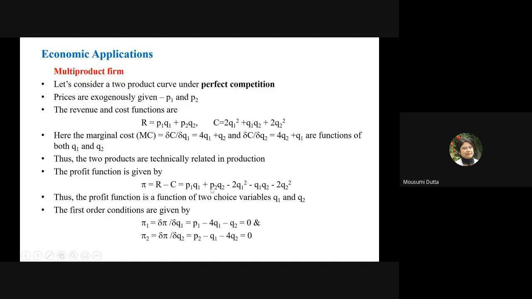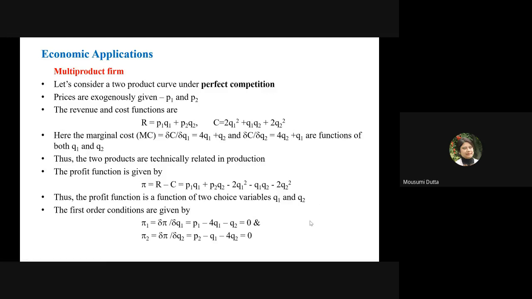This is the required profit equation for the multi-product firm. Actually, the firm is a two-product firm; for simplicity, we are considering two products. Thus, the profit function is a function of two choice variables, Q1 and Q2.